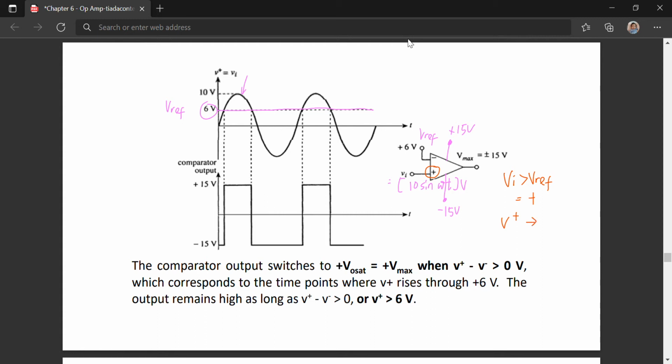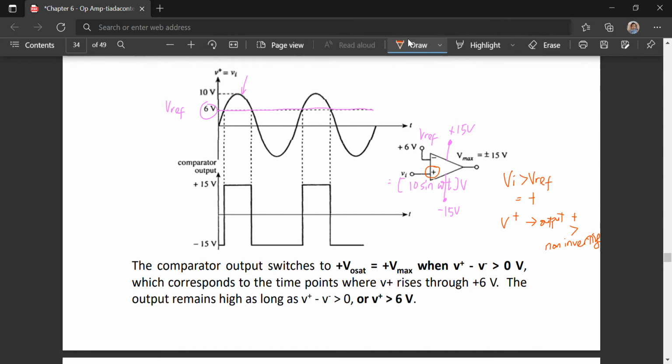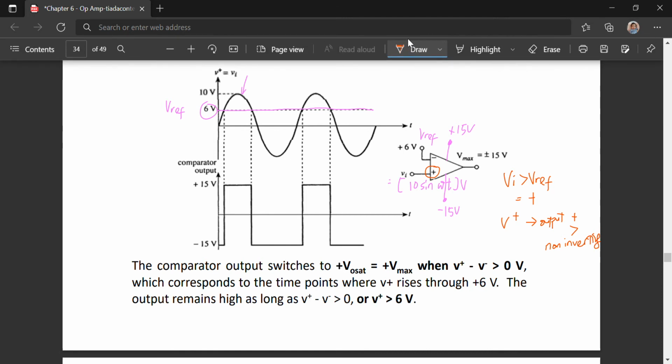Therefore the output will be positive, or this is called non-inverting op-amp.